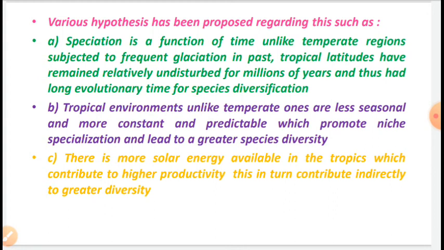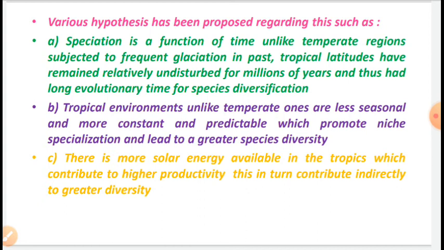What does the third hypothesis say? There is more solar energy available in the tropics, which contributes to higher productivity. This in turn might contribute indirectly to a greater diversity. If solar energy is more available, it means sunlight is more available.